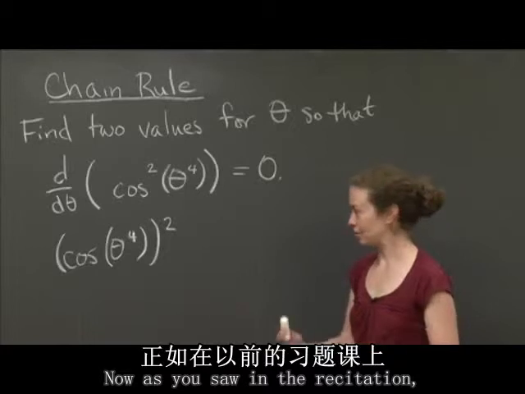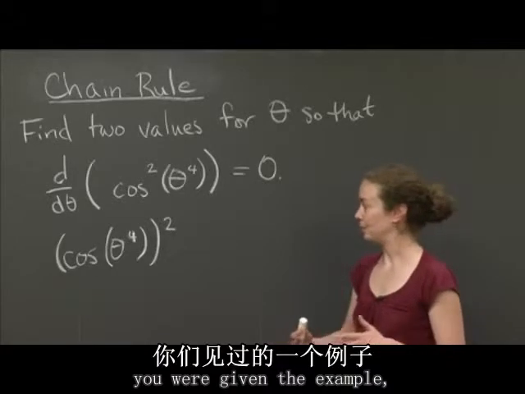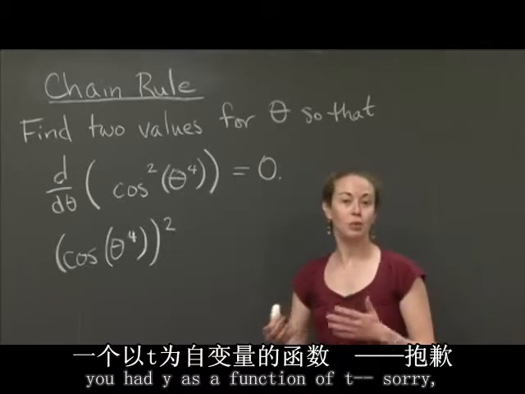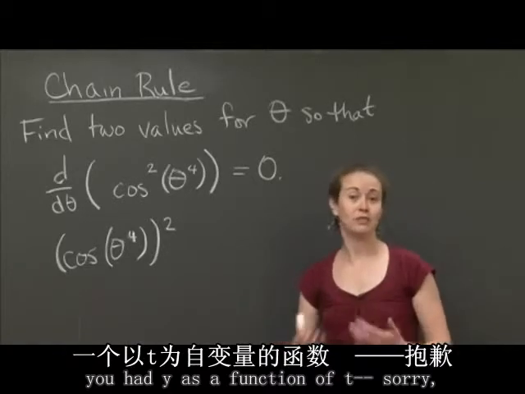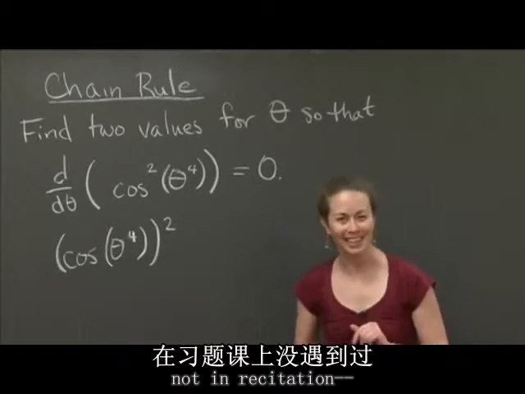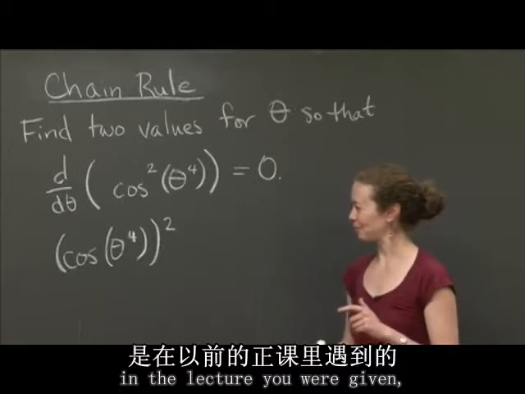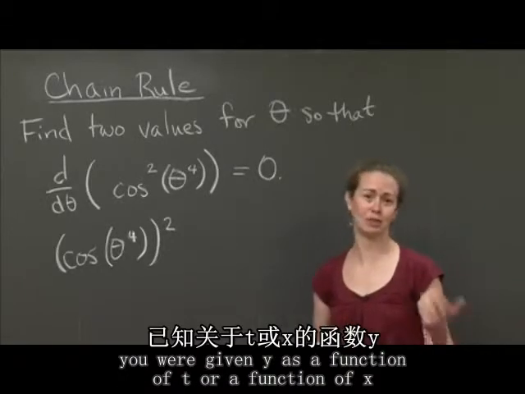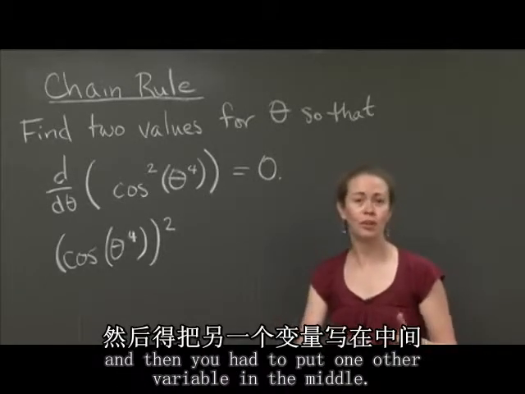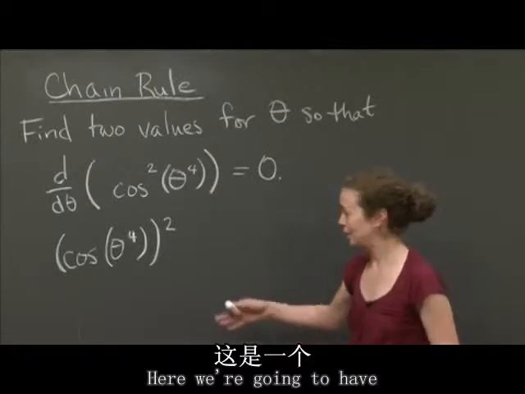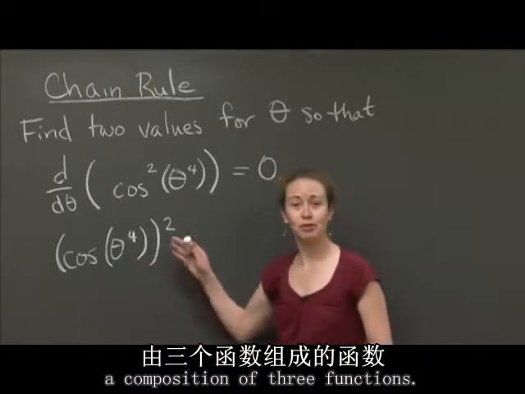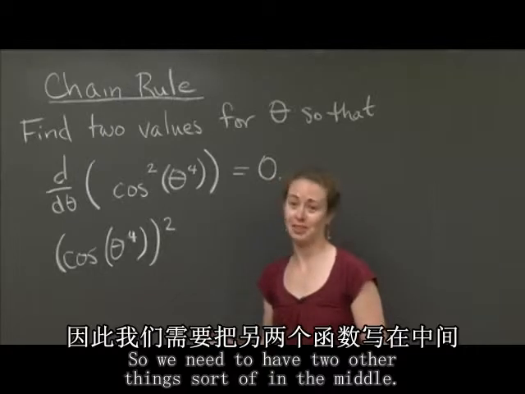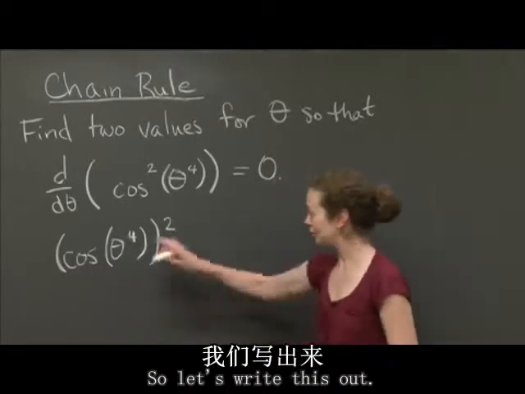Now, as you saw in the lecture, you were given y as a function of t or a function of x, and then you had to put one other variable in the middle. Here we're going to have a composition of three functions, so we need to have two other things in the middle. So let's write this out.